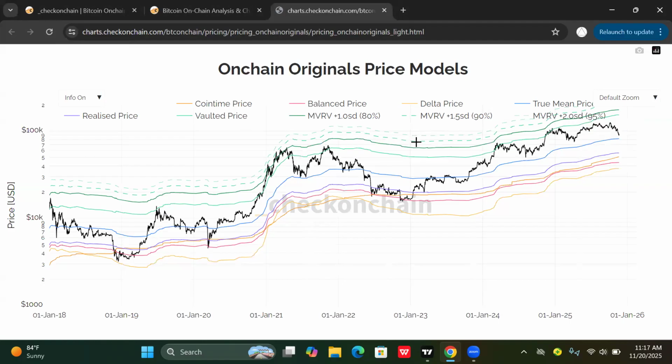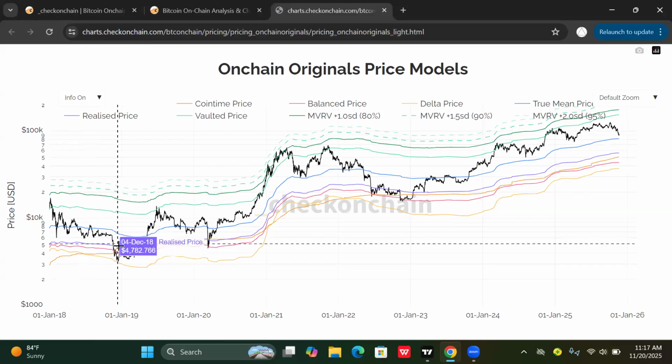Now we look at the true mean price. When Bitcoin was at 5K, we were below the true mean price.